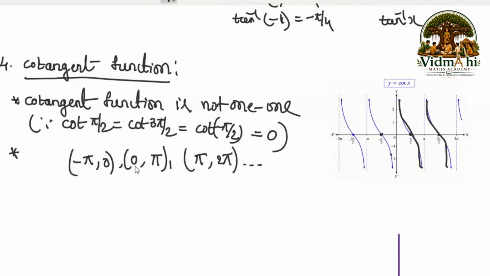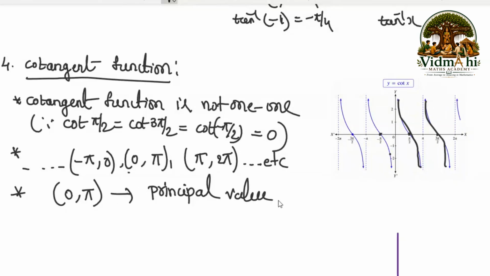In this interval also the cot function is one-one, and so on. In all these intervals the cot function is one-one, but we consider one interval that is called the principal value branch. So here 0 comma pi is called the principal value branch.